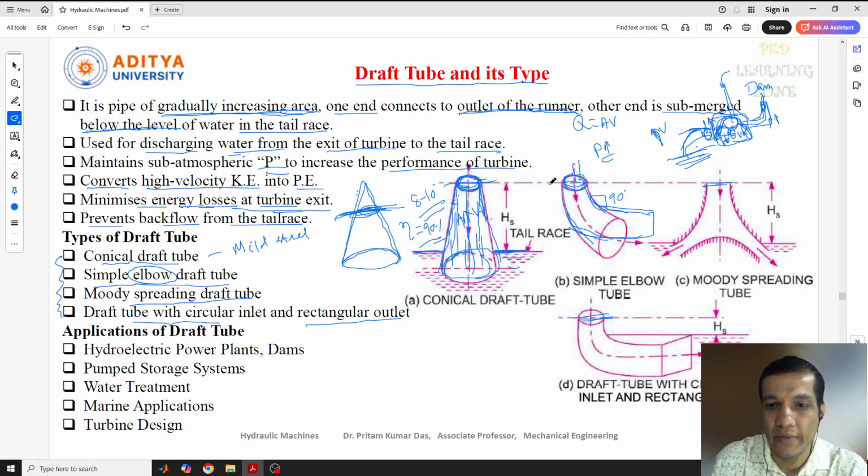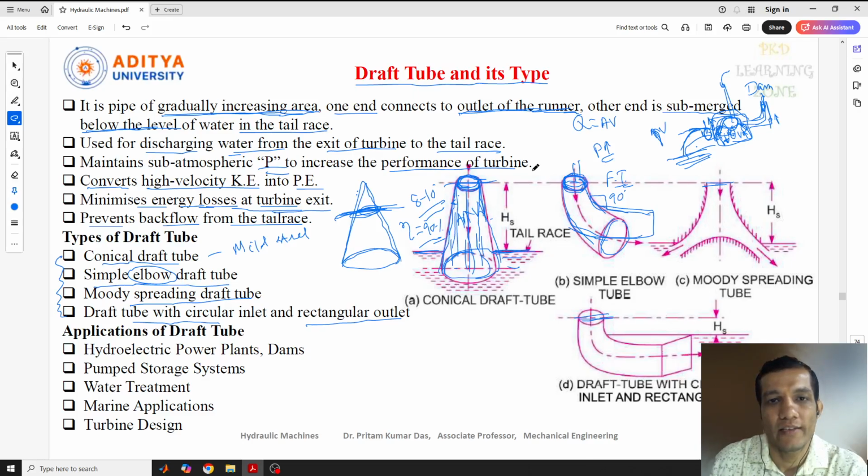So here also same thing, as I told you, at inlet condition we have a circular diameter, and slowly that area will be increased here, and this will connect to the turbine runner end. Mostly it can be used for Francis turbine. In reaction turbines, what are the most examples?